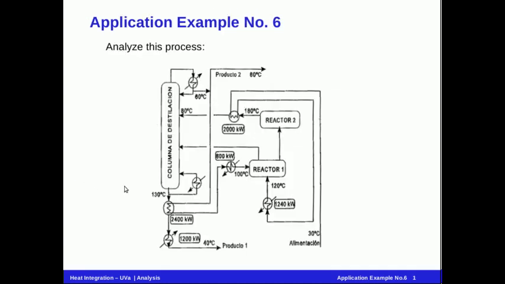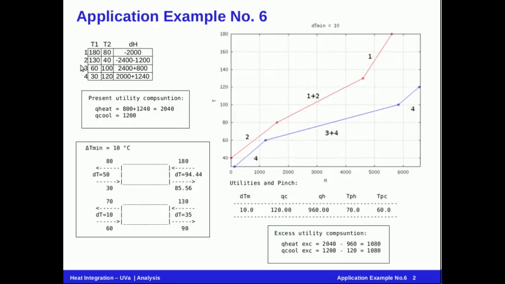A second hot stream from 130 to 40, these are the bottoms of the distillation column, and it takes 2400 kilowatts plus 1200 kilowatts of cooling. This is the second one, 130 to 40, with this duty.